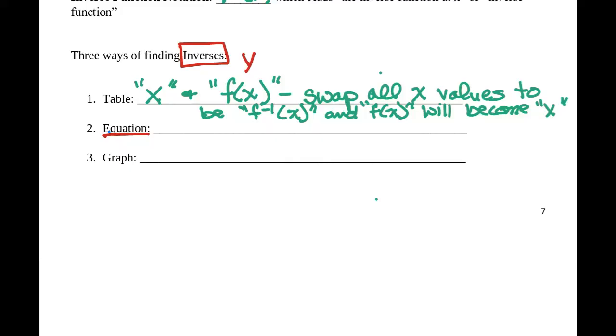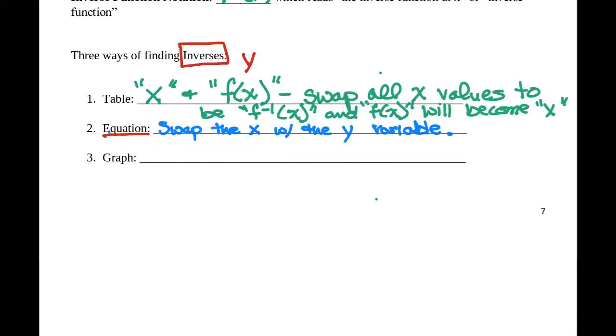Are you guys familiar with the word swap? Replace one with exactly the other? Yeah. So we are going to swap the x with the y variable in your equation. You are literally going to swap the x with the y variable.